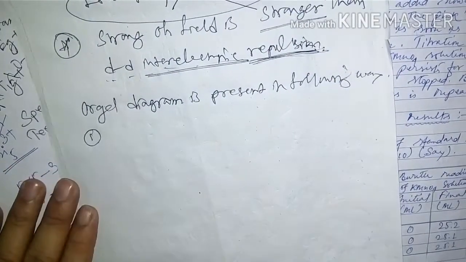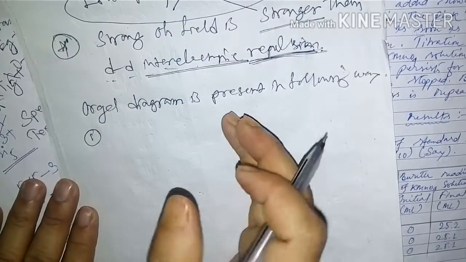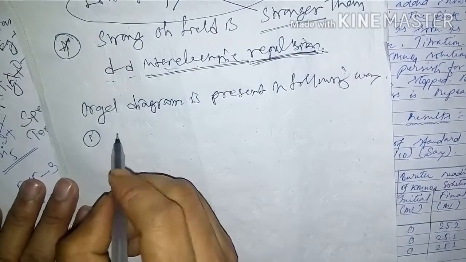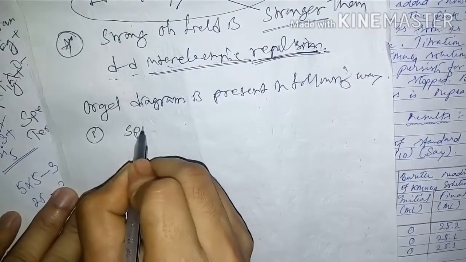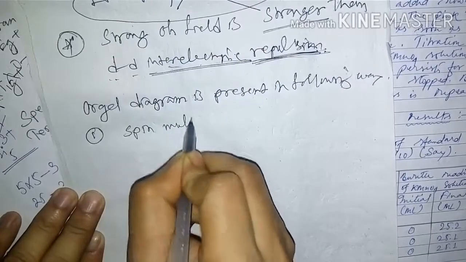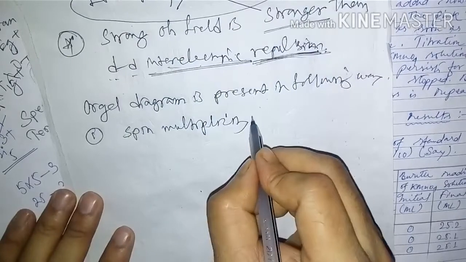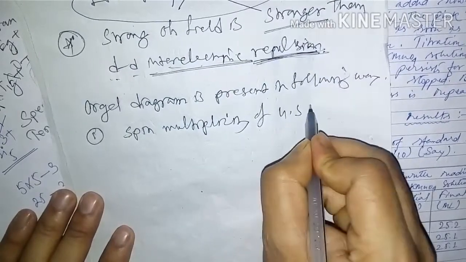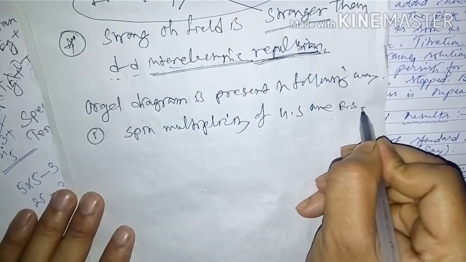First one is what? Write down the spin multiplicity of the ground state and excited state. So first one is spin multiplicity. Write down the spin multiplicity of the ground state and excited state.